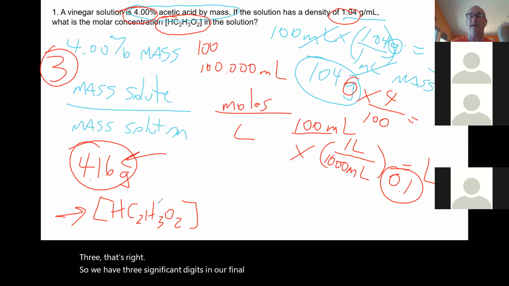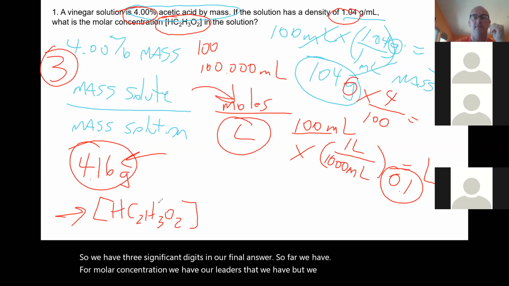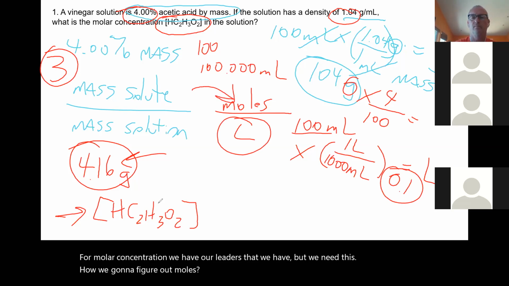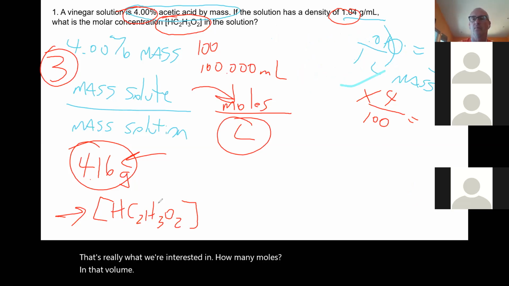So far, for our molar concentration, we have our liters, but we need moles. How are we going to figure out moles? Because that's really what we're interested in. How many moles in that volume? Would you find the molar mass of the acetic acid?